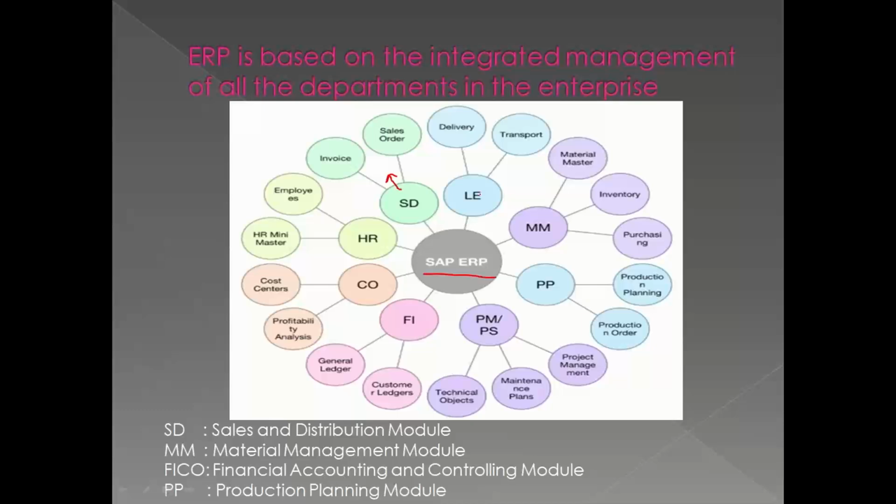SD module, logistics execution module, material management module, production planning module, plant maintenance module, financial and accounting module, controlling module, HR module, SCM module. Okay, like that there are some other different modules. You can go to the Excel, then you'll come to know around 40 different modules, and there are more than that.